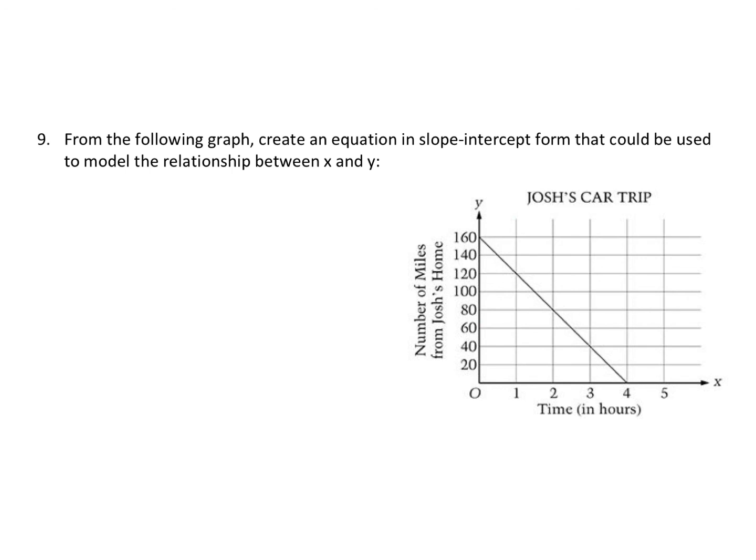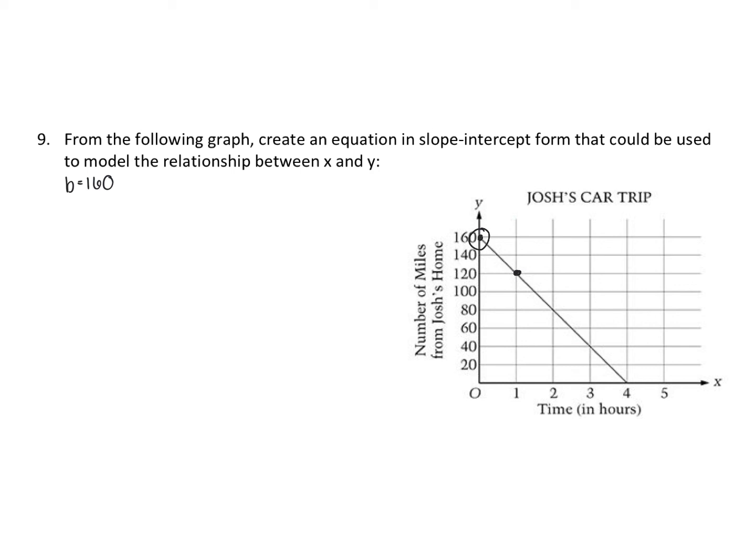For question 9, we have another graph where we're creating a slope-intercept form equation. We find our y-intercept pretty quickly because that is where our line crosses the y-axis, that's positive 160. And then we find another perfect point and we figure out our rise over run.